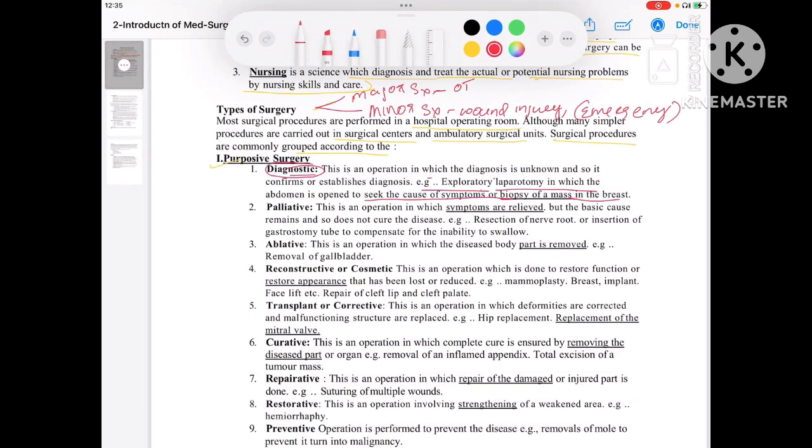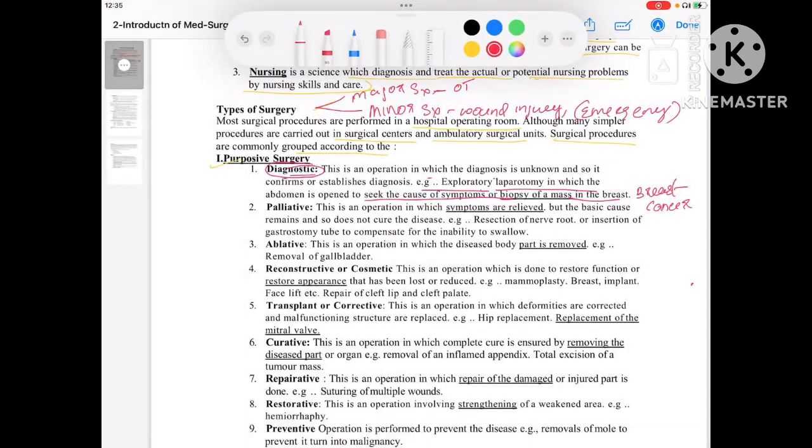Laparotomy means opening the abdomen to seek out the cause. Biopsy is mainly conducted in breast cancer patients.